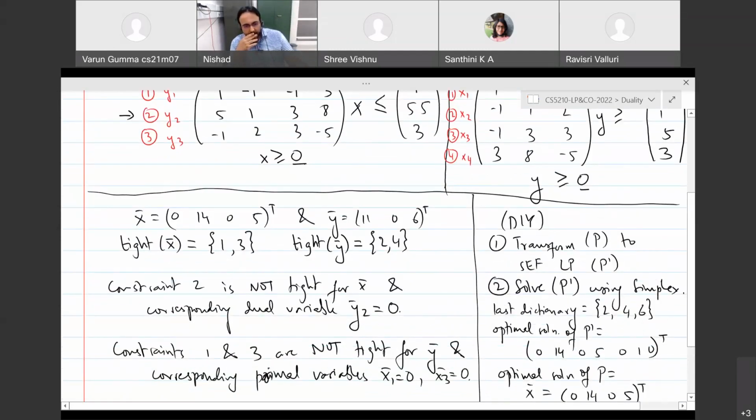So for the constraints that are not tight, in all those cases, the corresponding variable in the other LP is 0.